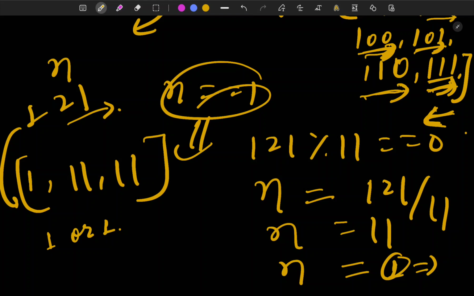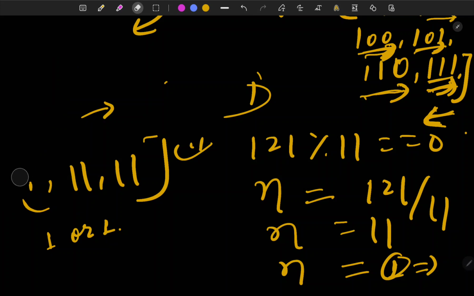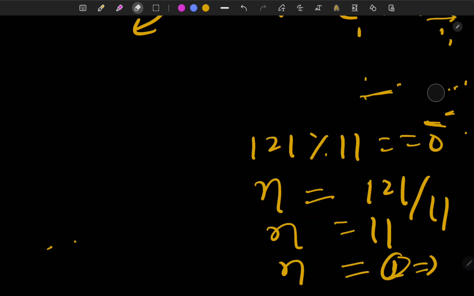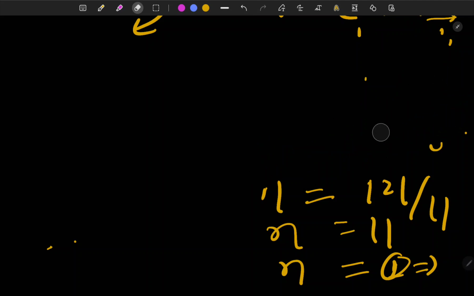If it is equal to 1, then this concludes that yeah, n is completely divisible by its factors, which consist of 1 or 0. Okay, so basically this was the intuition of this problem, and I think we have covered all the things required to solve it.